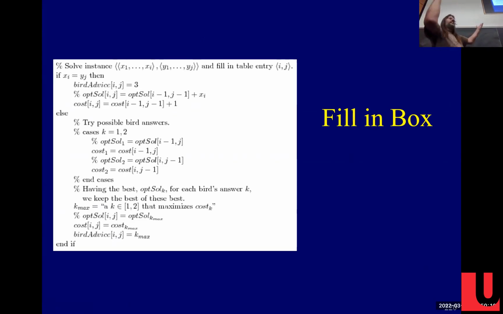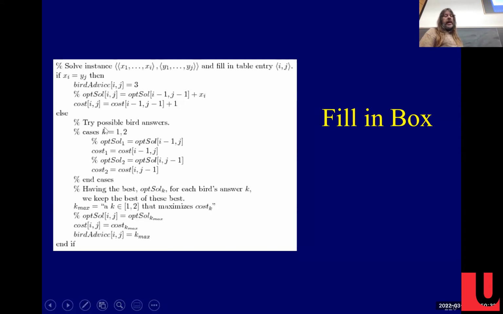K equals 3 is just the name of the case, right? And then what I do is I ask my friend for the cost of the subproblem when i is one less and j is one less, right? And then my solution is one bigger, right? Does that make sense? People kind of following that, right?